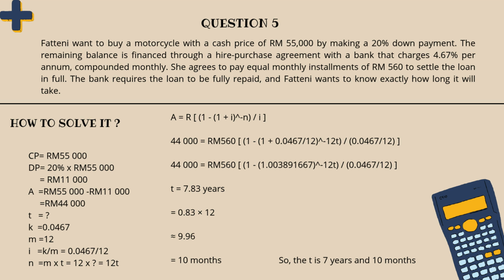To convert the decimal part into months, 0.83 times 12 equals 9.96 months, which is approximately 10 months. Therefore, the time needed to fully repay the loan is 7 years and 10 months.